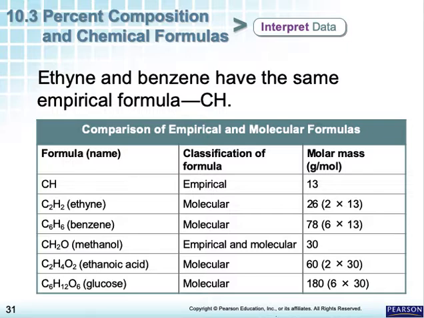However, ethanoic acid is also a molecular formula. But if we divide ethanoic acid by 2, its empirical formula would be C1H2O1, which has the same empirical formula as glucose. So sometimes they're the same and sometimes they're different.